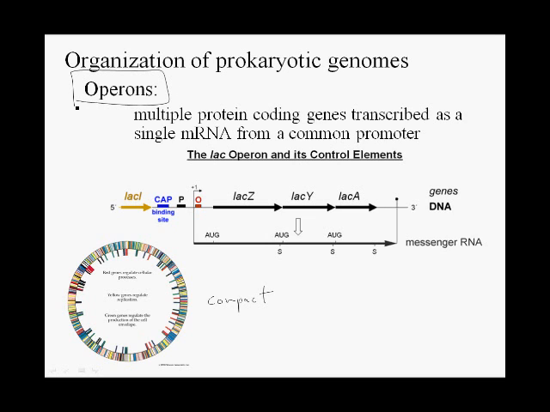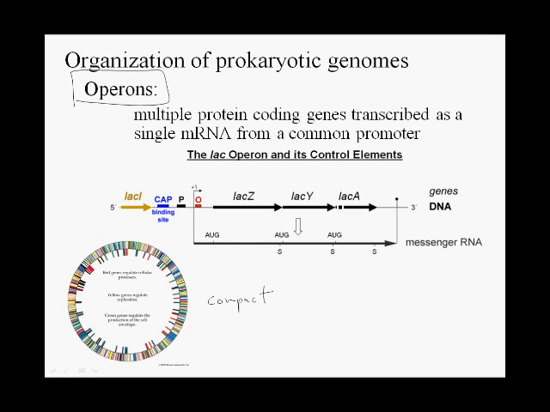These are units of organization where functionally related genes, meaning genes that encode proteins that all operate, for instance, in the same metabolic pathway, or somehow serve the same function in the cell, are all grouped together, head to tail, on the same region of the chromosome, right next to each other.